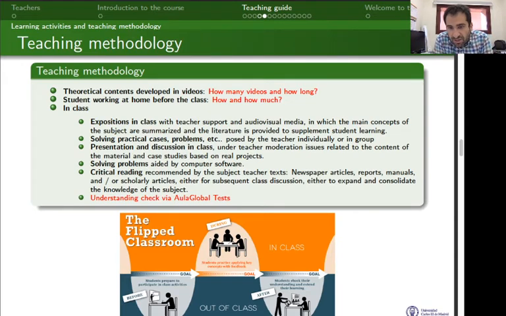And then the last thing, if you go to the figure again: in the flipped classroom, after the class, we should check whether you have acquired an understanding of the topic. Instead of doing this after the class as an additional assignment, we will dedicate the last 20 minutes, half an hour, to complete a test via Aula Global.